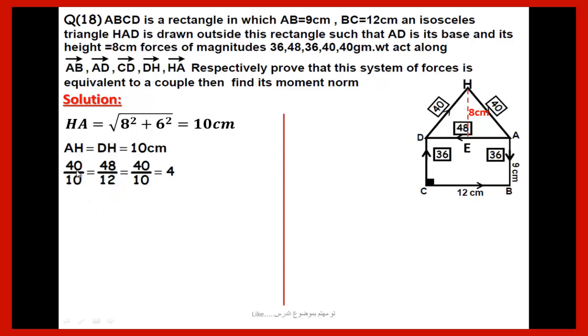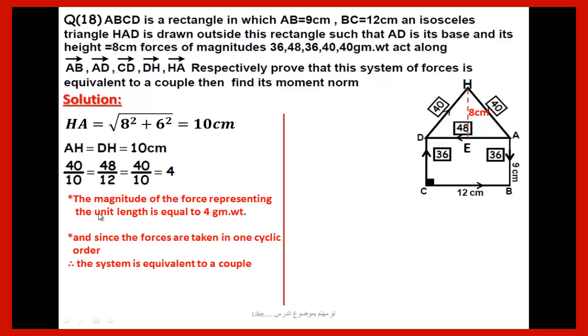So we write 40 over 10 equals 48 over 12 equals 40 over 10, each equal to 4. The magnitude of the force representing the unit length is equal to 4 gram weight in all three cases.